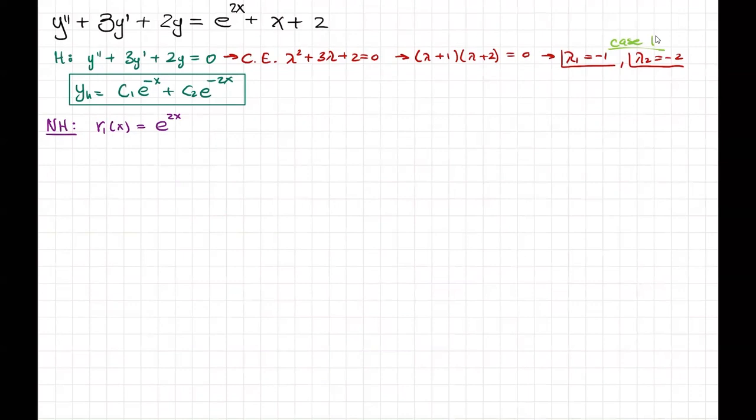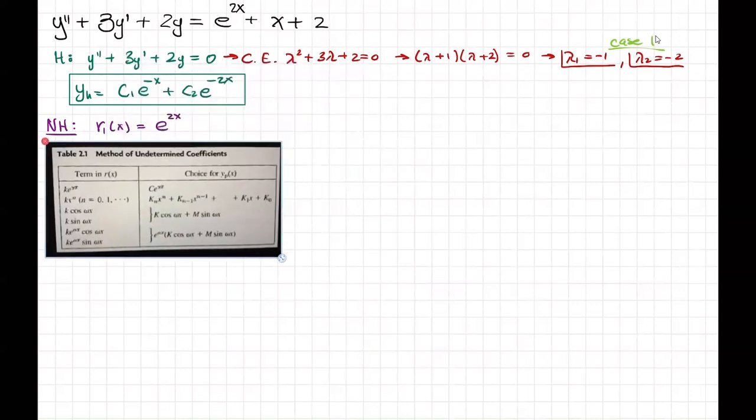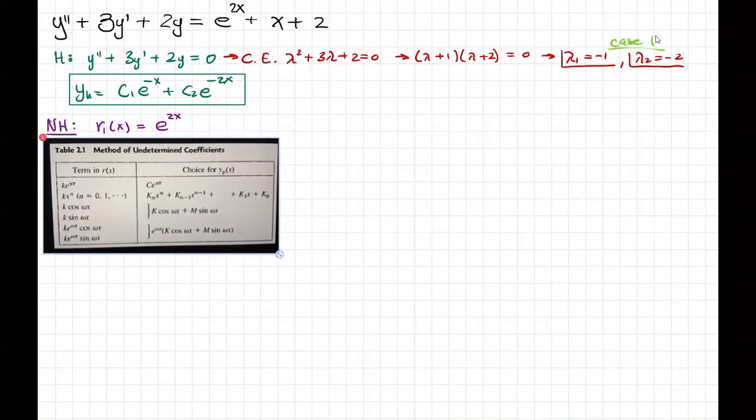So just thinking for this one, we're only focusing on this one. Let's see the table. Let's see what we can get here. So for this one here, we can check then that e to the 2x is not the same thing as e to the negative x, and e to the 2x is not the same thing as e to the negative 2x. So we can use the basic rule.